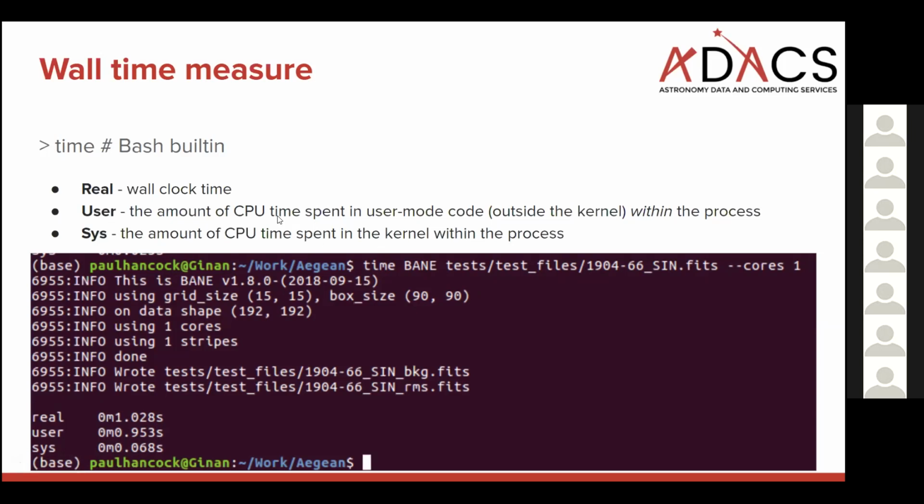I have to say, I've never fully penetrated that discussion, and I don't really know the difference between user and system time, except I guess at the end of the day, this real time is a semi-useful measure, which I occasionally use. So this is how you can measure how long it took to run something.